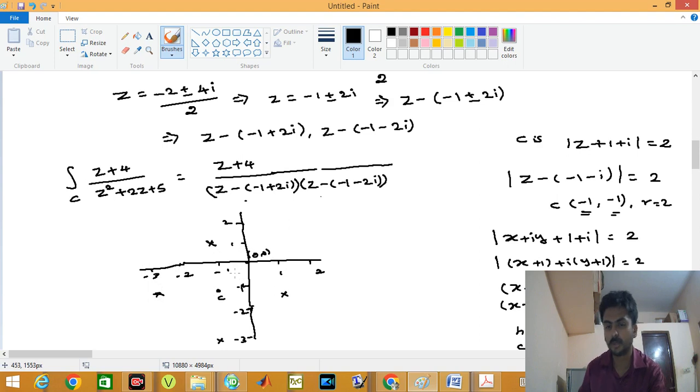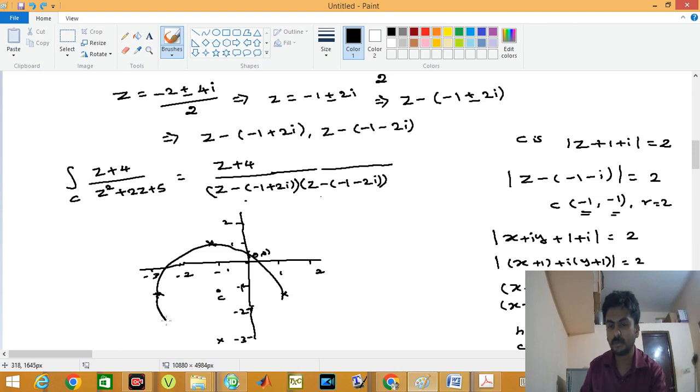Okay, now we are going to connect these points to get the circle. Assume this is a circle.